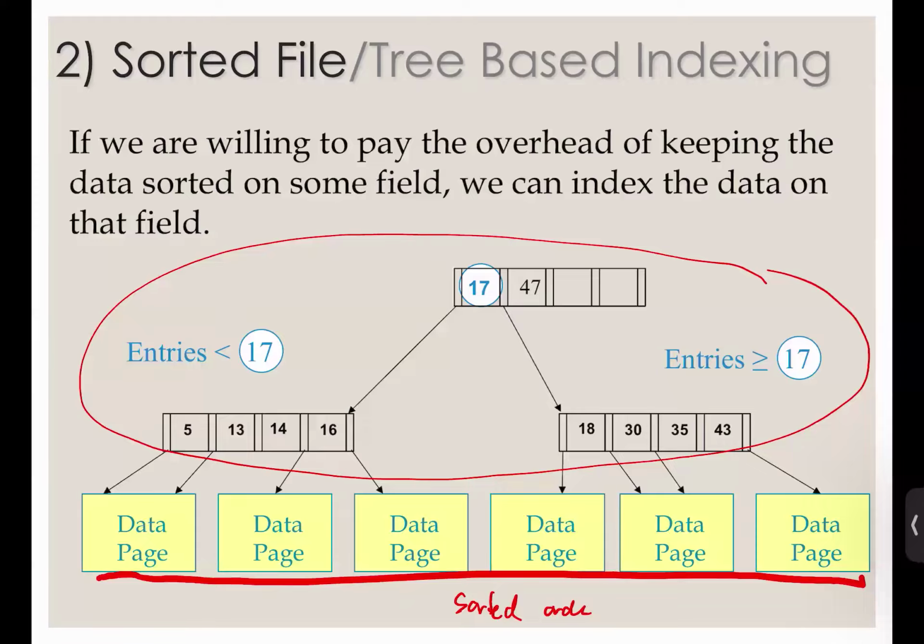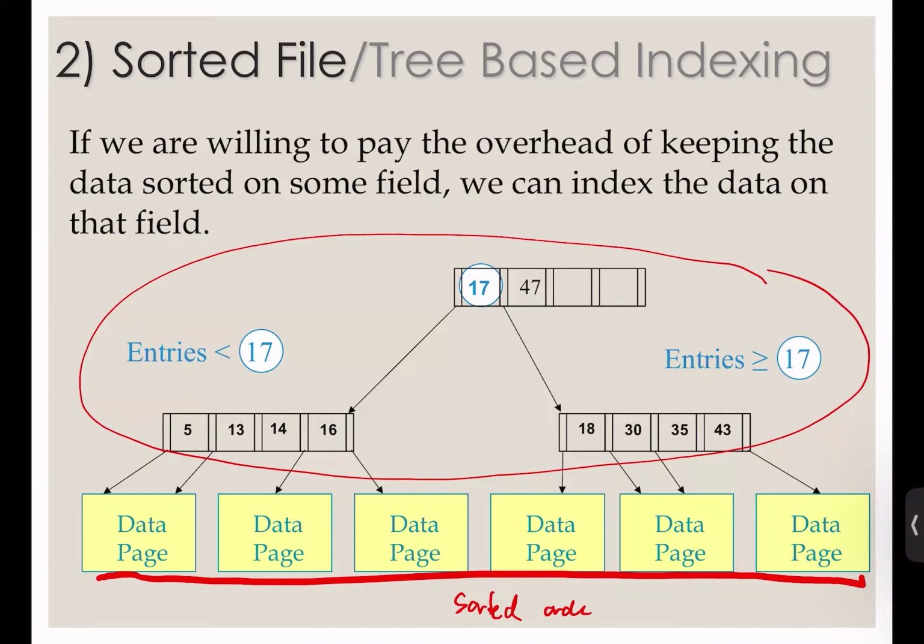It will be faster than a binary tree because for a B plus tree we usually have much, much larger nodes. So the height of the tree will be really small, usually like height 1 or 2, that's it. Then we can get to our leaf node really quickly. For tree-based indexing, it works with a sorted file, but that's not necessary. We will see later that we can also put a B plus tree on top of an unsorted file as well.